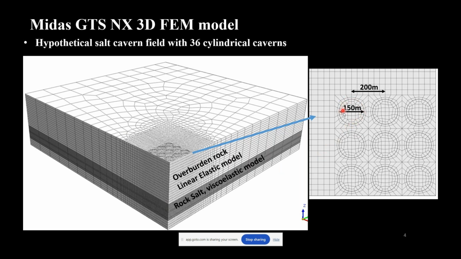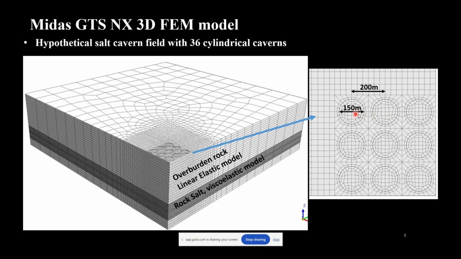And these are the details of the cavern. So the caverns have a diameter of 150 meters, and the distance from center to center is 200 meters. As you can see, this hypothetical cavern field represents a field where the salt caverns are relatively large.